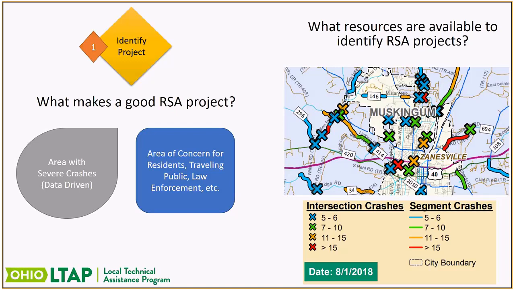You can see that intersection crashes and segment crashes are highlighted, and they show you by color code, blue, green, yellow, red, the level of severity as far as number of crashes. On the left-hand side of the screen, between a couple of the blue X's, there was a red segment, a red line, and that was actually an RSA that we did out in Muskingum County, which I'll show you some more data about in a few minutes.